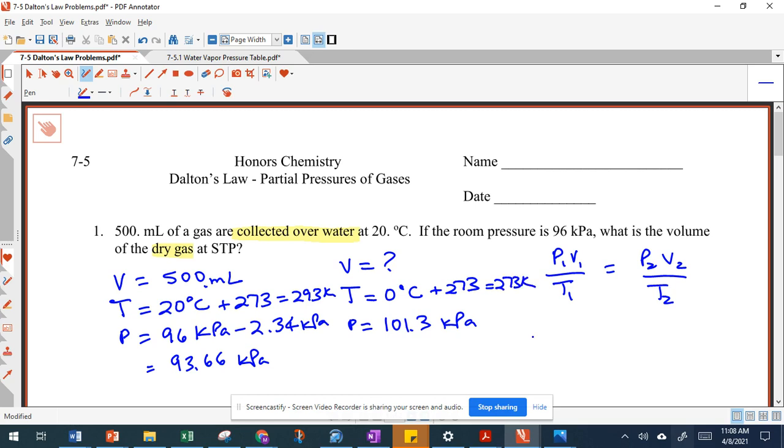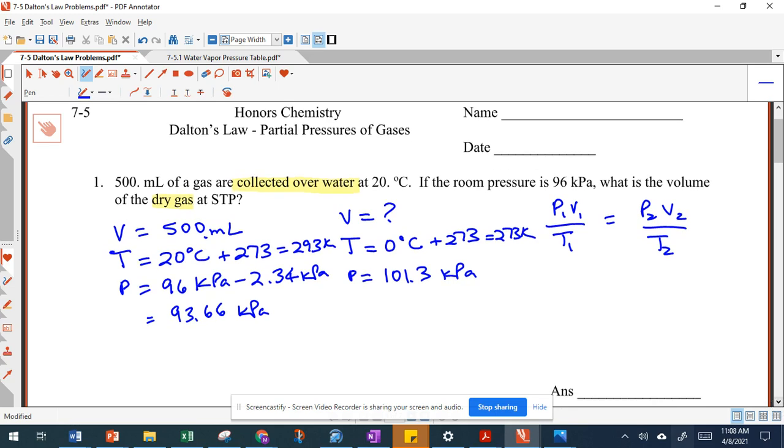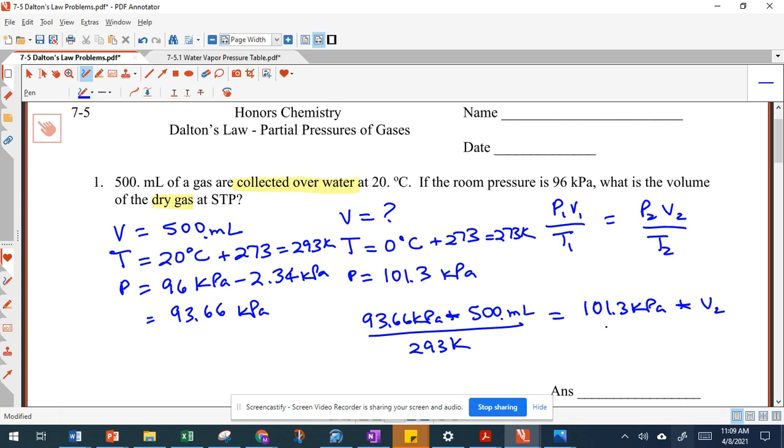So we have our pressures, so let me write this down here: 93.66 kPa times our volume, and then our initial temperature, 293 Kelvin. And then we have our final pressure, which is 101.3 kPa times V2, which we don't know, and then our temperature, 273 Kelvin.